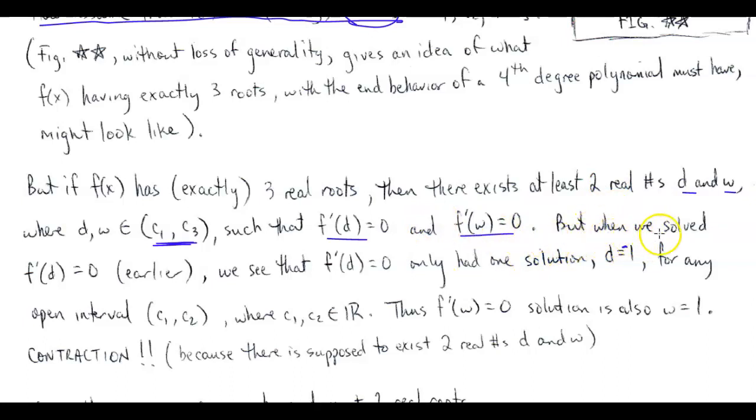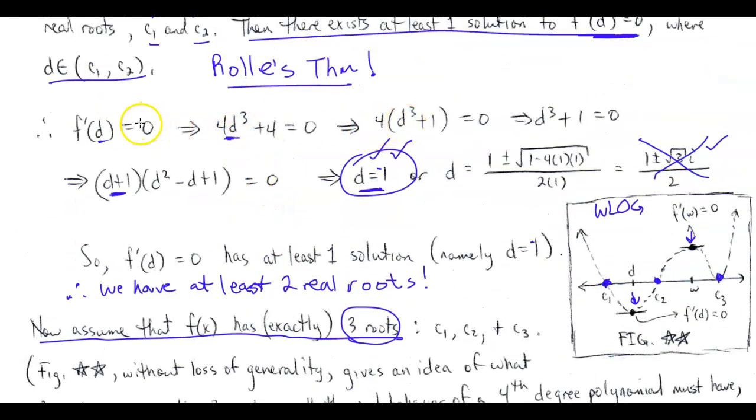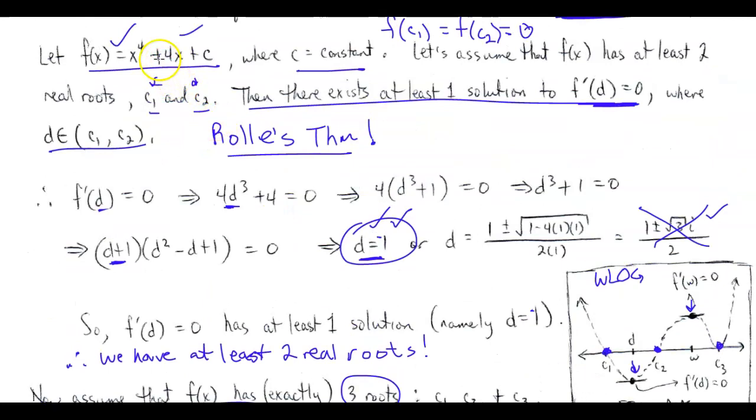However, when we solve for f prime of d, or just in general f prime of x, I'll go back up here for that. Whenever we took our function and took the derivative of it, set it equal to 0, and looked for all the real number values that satisfy that, notice that we only found 1.